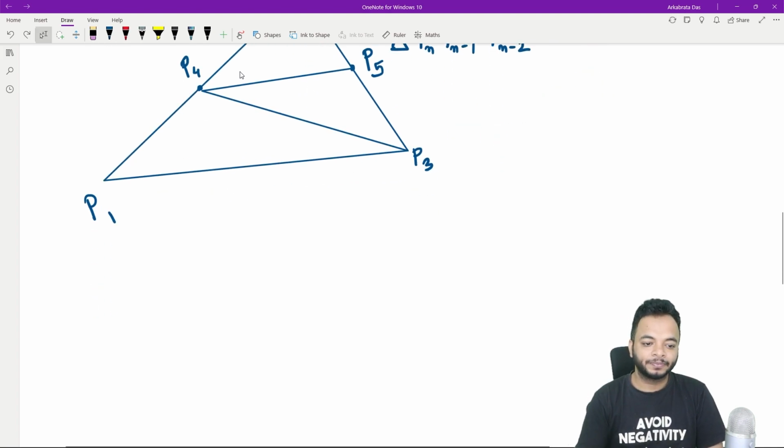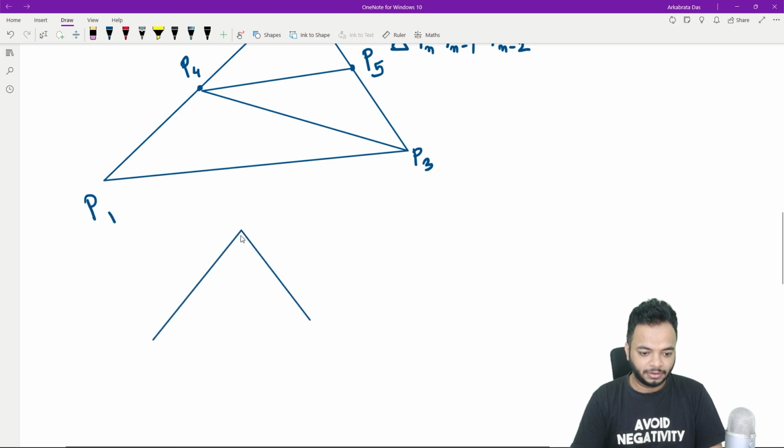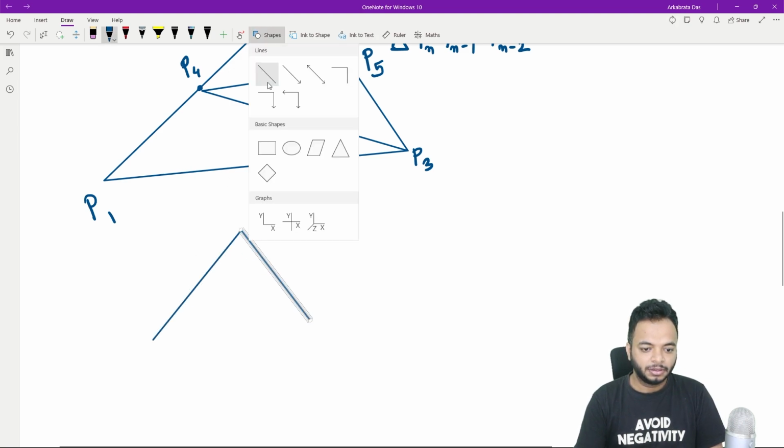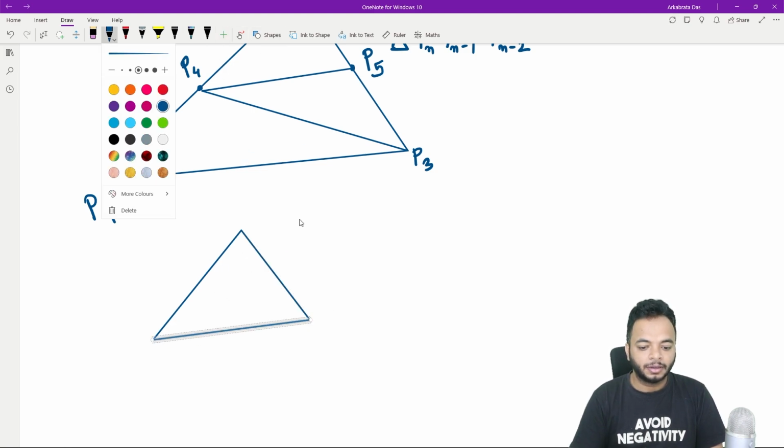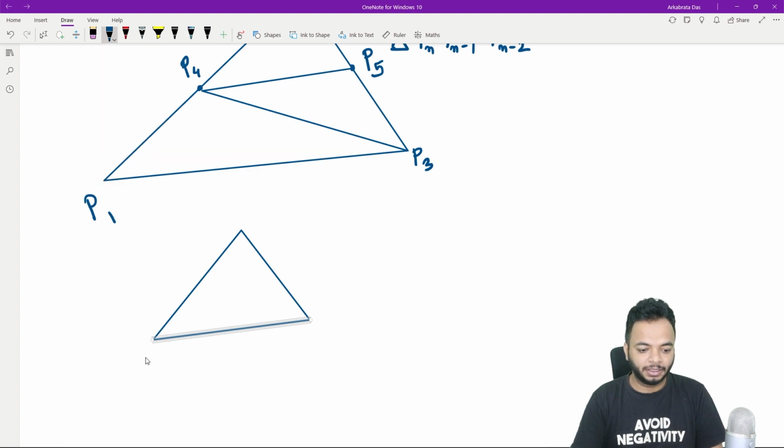I'll draw another triangle with those points: Pn, Pn-2, Pn-1.